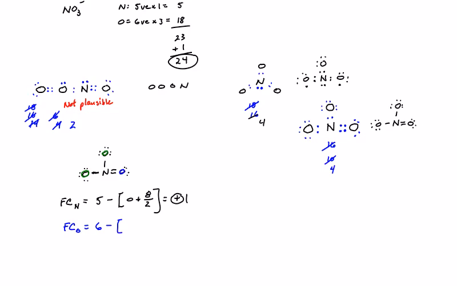The way that I have it drawn here, there are 4 non-bonding electrons. The oxygen's involved in 2 bonds with 2 electrons each. That's a total of 4 bonding electrons divided by 2. So 4 divided by 2 is 2 plus 4. 6 minus 6 is 0. So there's no charge on the oxygen, the blue one at least.